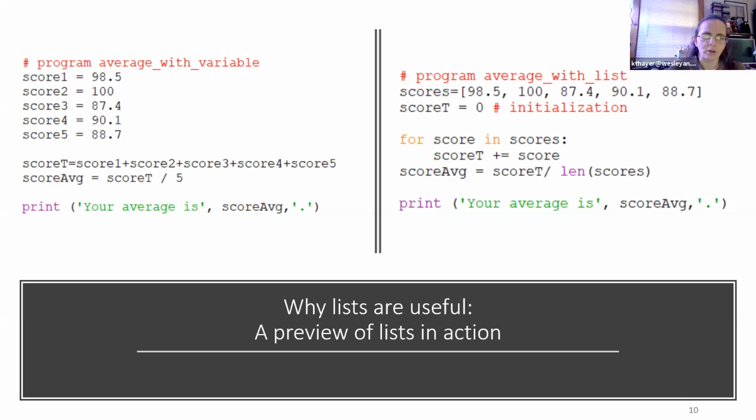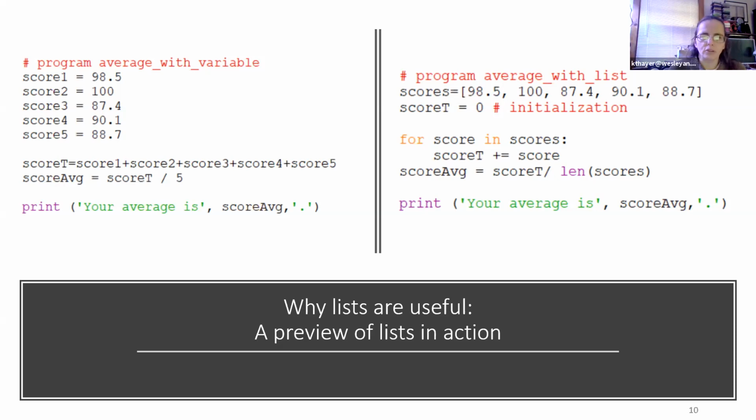Because you have to stop, add a new variable, and then rerun it. In the case of a list, as it's written, you would also need to go back in and change that. But you could imagine having some sort of interactive thing to add another entry to a list, but you can't add a brand new variable as the program is running. So the advantage is, first of all, the ability to expand.